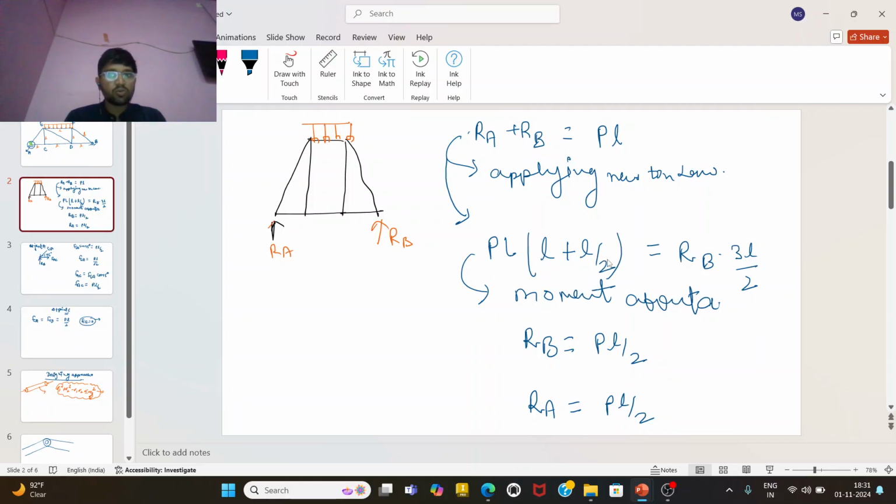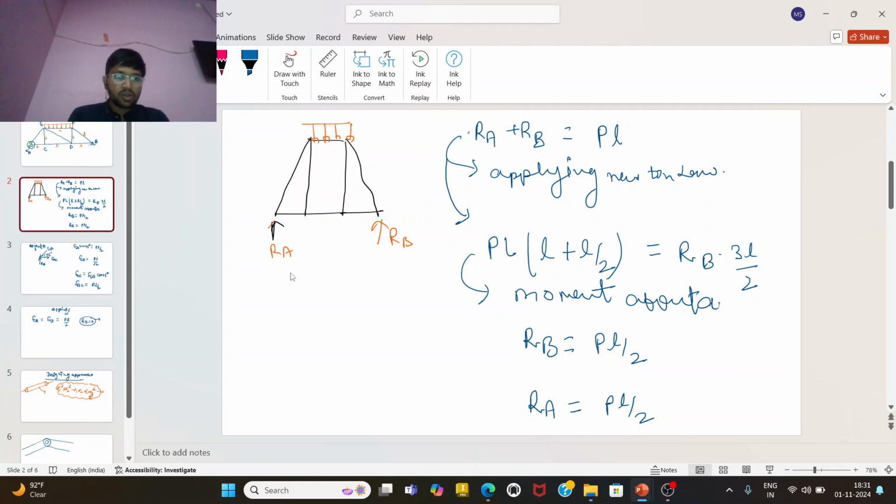How does this L by 2 come into the picture? The effective point force due to the load lies at the midpoint of the element, so we take the distance as L by 2, and after doing the calculations, we get PL by 2.